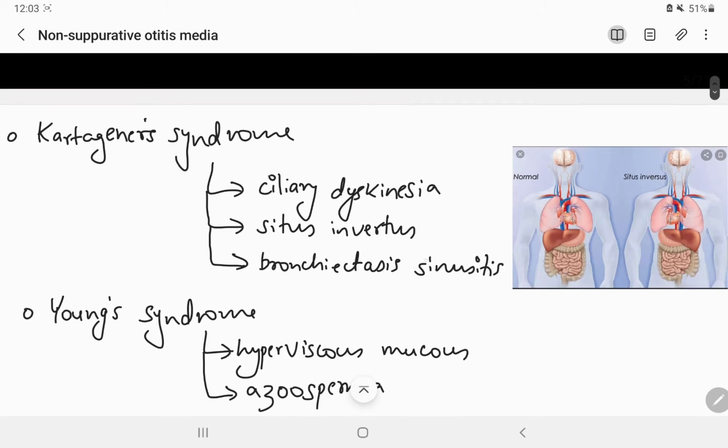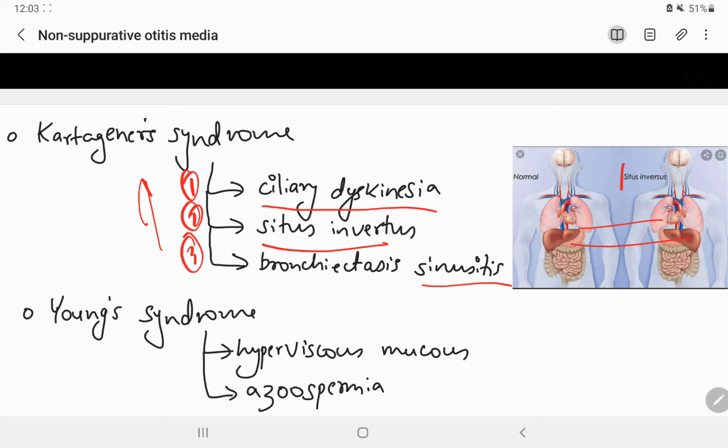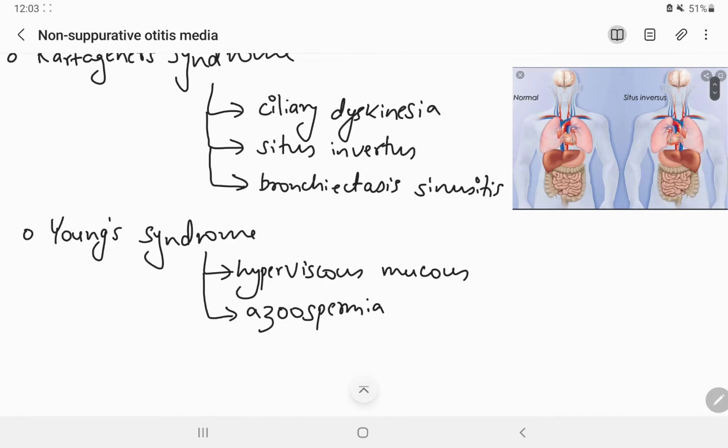So bronchiectasis and sinusitis can also occur in Kartagener syndrome. So these are the three diseases that constitute Kartagener syndrome. Ciliary dyskinesia, the cilia won't beat properly. Situs inversus, the organs are all opposite. And bronchiectasis with sinusitis, the permanent, abnormal dilatation of the airways.